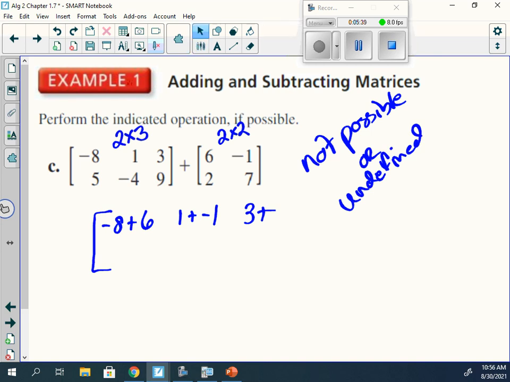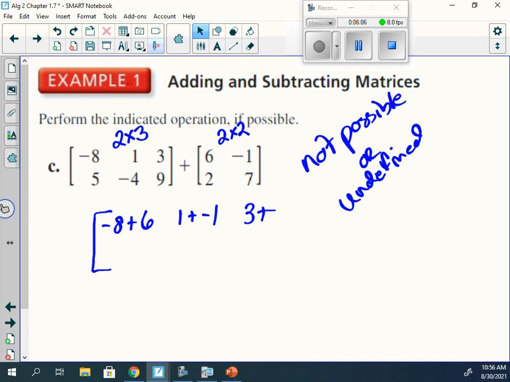We cannot define it because the dimensions are not the same. For us to be able to add or subtract two matrices, the dimensions have to be the exact same. So we cannot add a 2 by 3 and a 2 by 2. It just does not work. Because as we see here, there's nothing for that 3 to be added to. There is no element there.